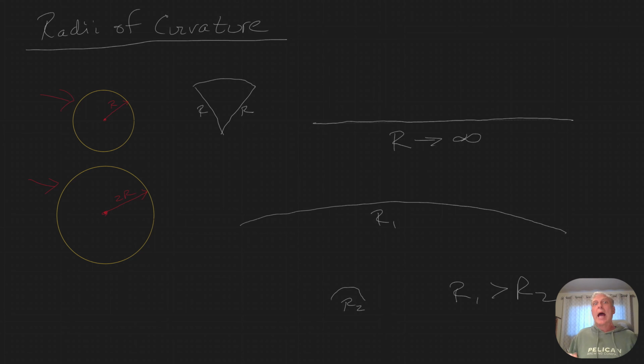R1 is flatter, so it's less curvy than R2. These are just concept image points to try and get past that counterintuitiveness of radius of curvature, where they are larger, where they are smaller.